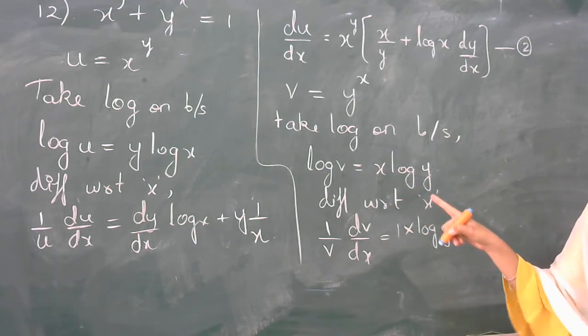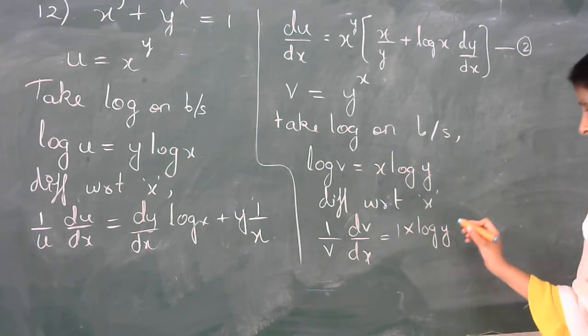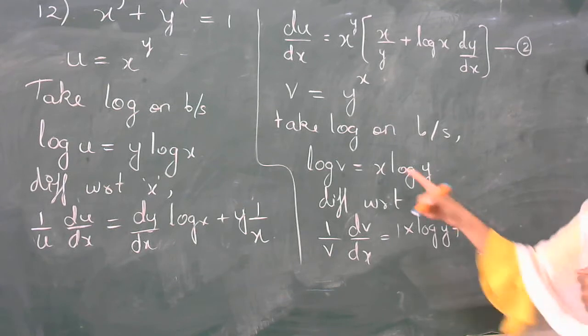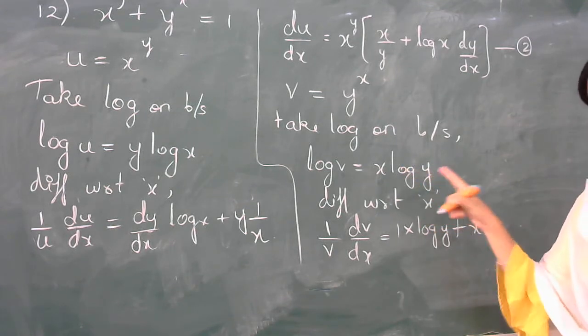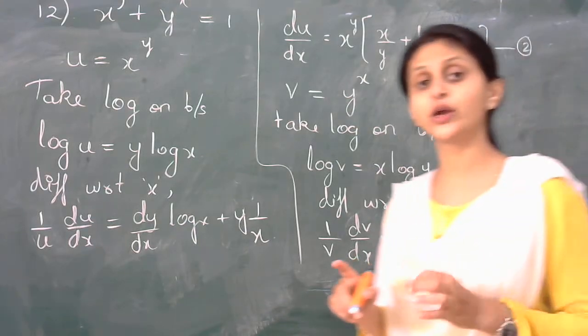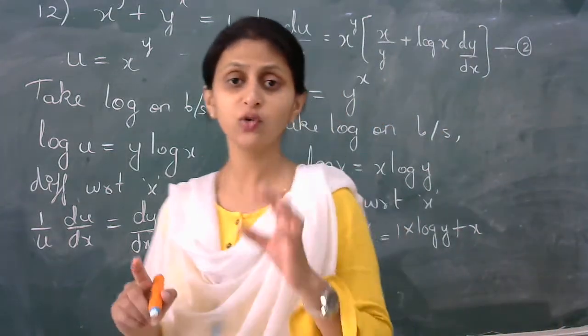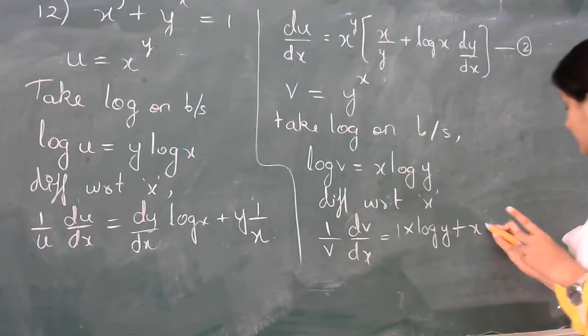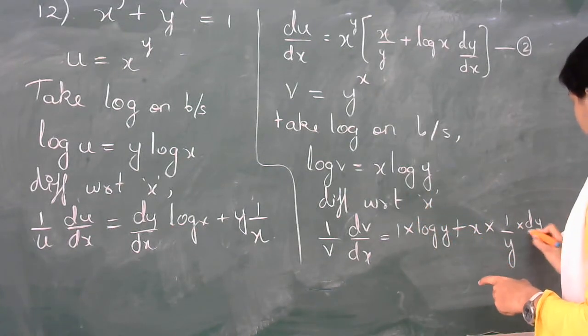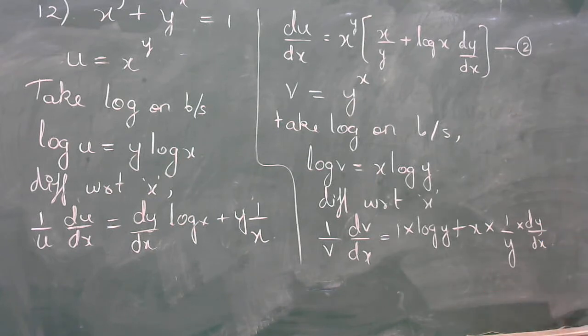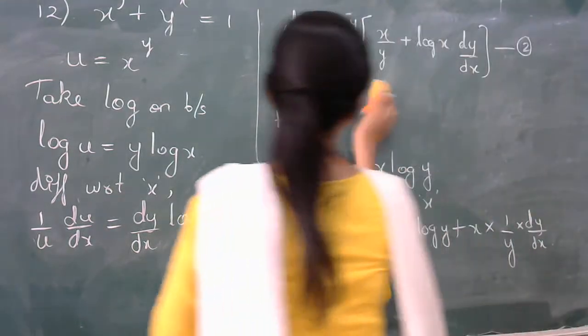Differentiation of x is 1, keeping the second function as it is, plus next keep the first function as it is and differentiate the second function. log y is my second function and we are going to differentiate it with respect to x. So what is the differentiation? It is 1 by y into dy by dx. So if you simplify these, what you will get?